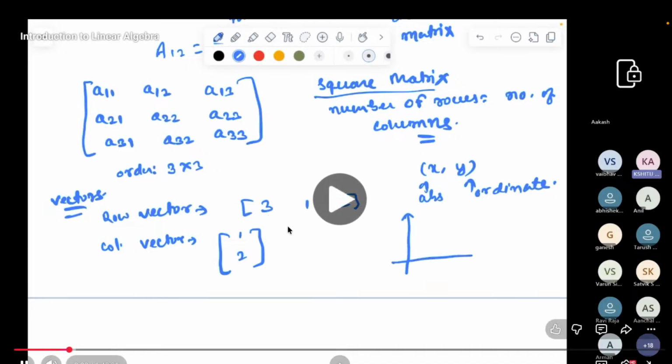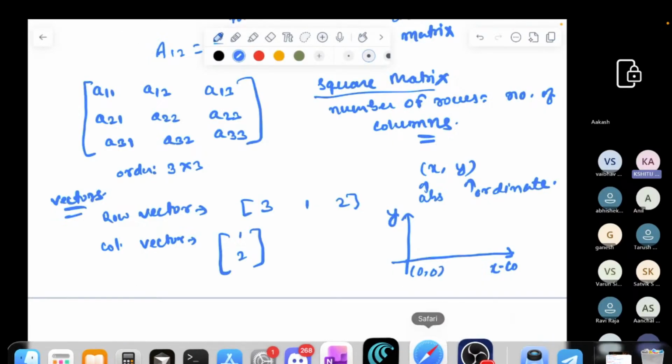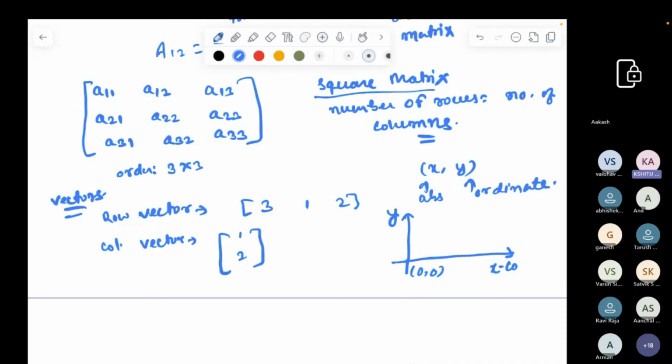This is called the x coordinate. This is the y coordinate, right? This one is the origin, and you will have 1 2. So this might be 1, this might be 1, so you'll have 1 2 around here. So x is 1, y is 2.